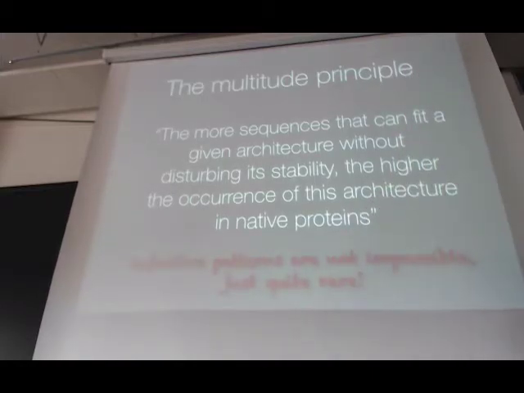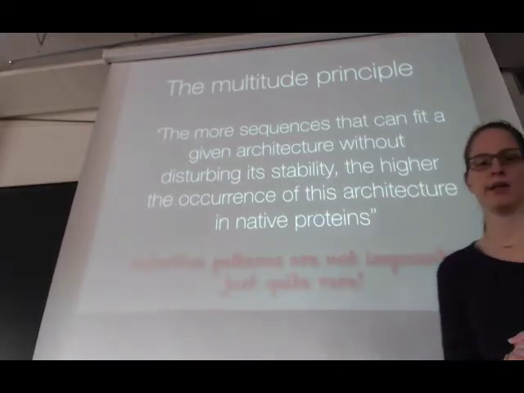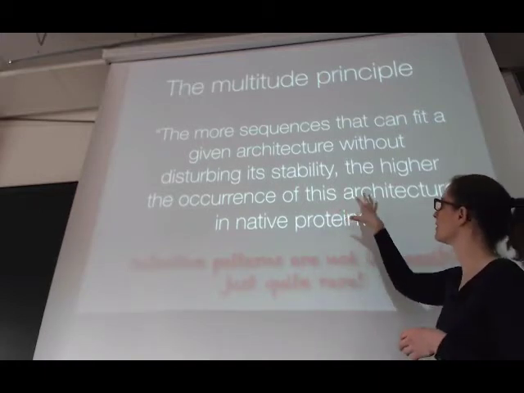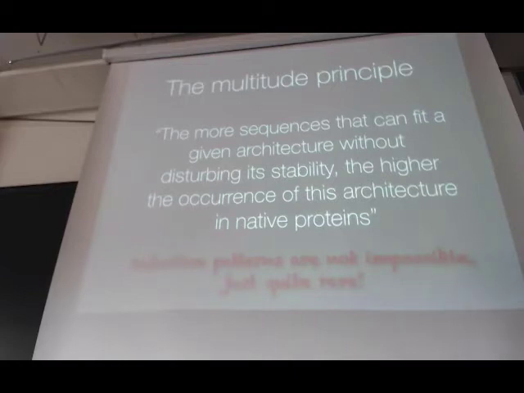So this is the core principle, the multitude principle that governs which folds exist. It says that the more sequences that can fit a given architecture or fold without modifying its stability, then the higher will be the occurrence of this architecture in native proteins.